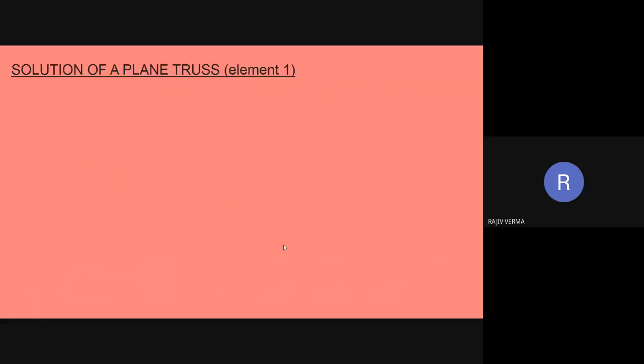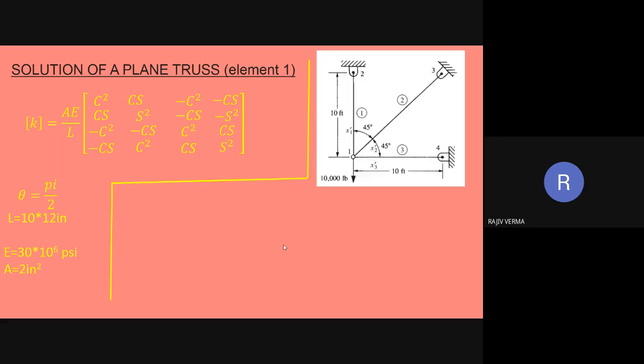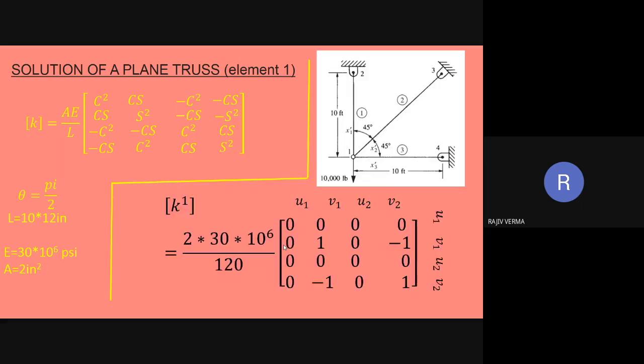So we start the solution from element number 1. This is the formula which is to be used. The value of theta is pi by 2. We know the value of length, elasticity and area of cross section, which gives us the stiffness matrix for element number 1, but it is now in the global frame.